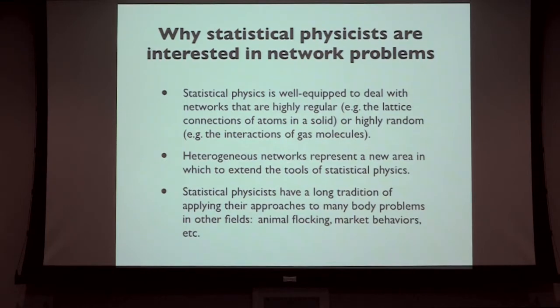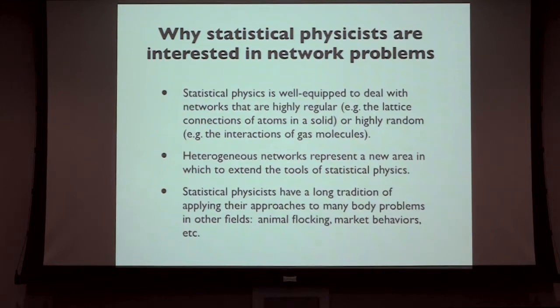Statistical physics, as you may know, is well equipped to deal with networks that are highly regular, for example the lattice of connections of atoms in a solid, or highly random. If we consider interactions to be fully mixed, like the molecules in a gas in the air, where every atom has, on average, the same likelihood of interacting with every other atom, we can do what we call mean field models.